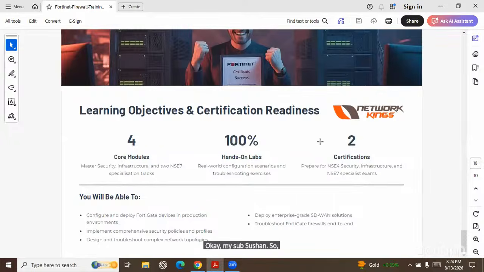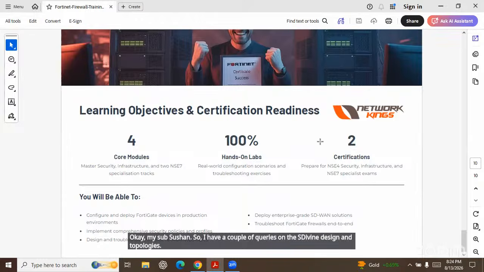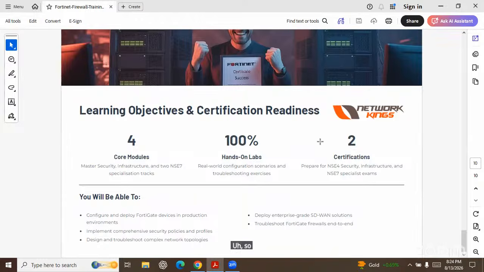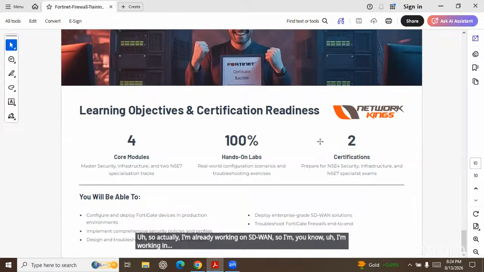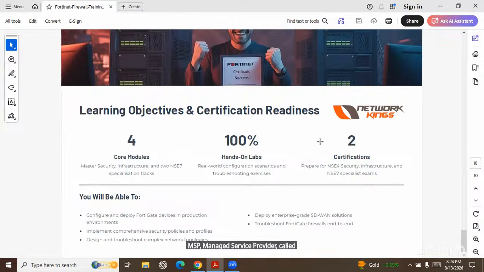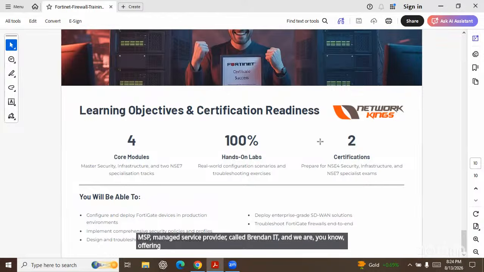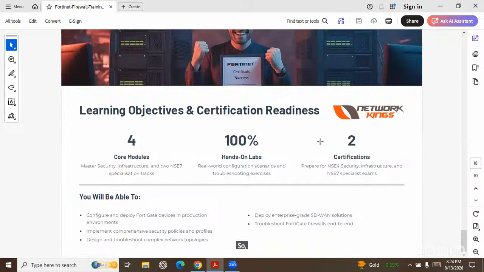I have a couple of queries on the SD-WAN design and topologies. Actually, I'm already working on SD-WAN. I'm working in an MSP, a managed service provider called Brennan IT, and we are offering SD-WAN products and services to customers. On a daily basis, I create SD-WAN rules, new sites, and hub and spoke topology.